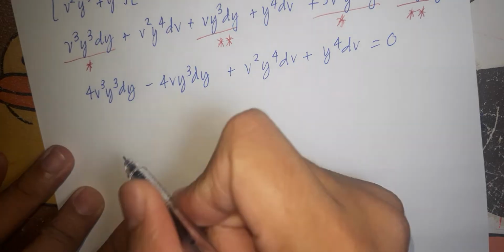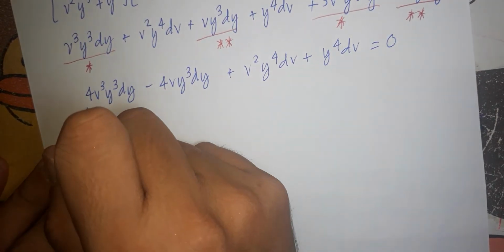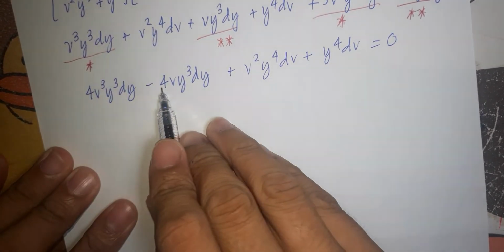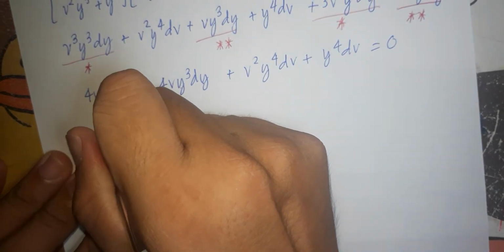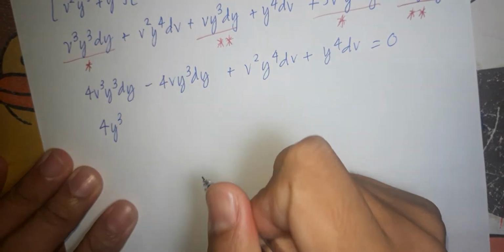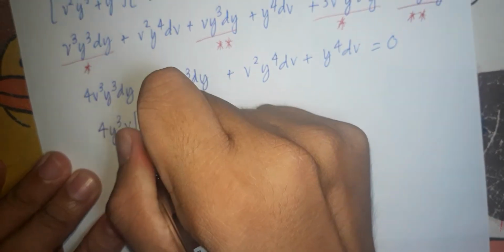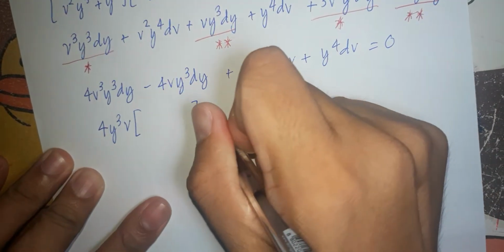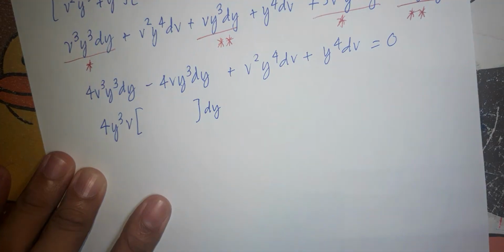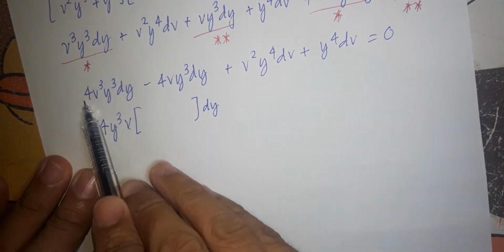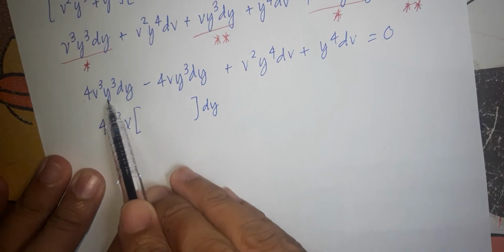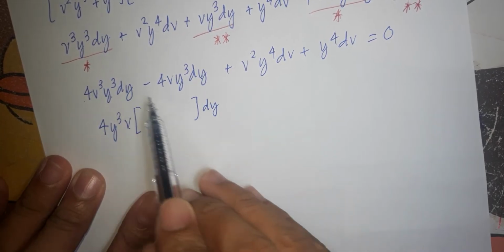Then factoring out, 4y cube and dy are common. So 4y cube v dy quantity. So v cube and v is common, 4 and 4 is common, y cube and y cube common, dy and dy common.